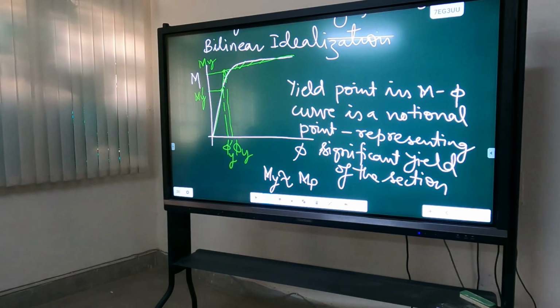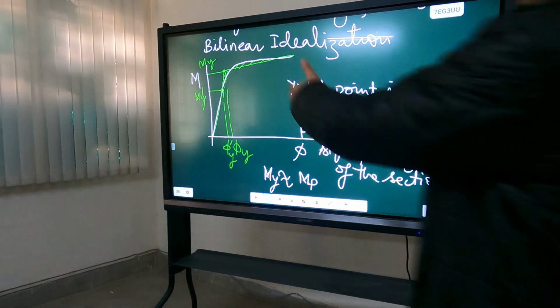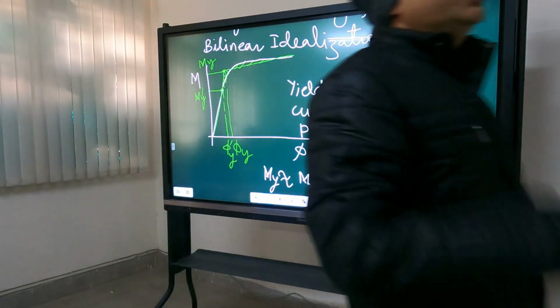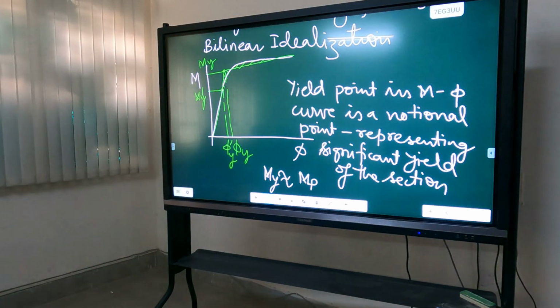In case of steel, because this flat portion is quite large, epsilon u is quite large, so phi u is quite large, and the flat portion is quite long. So the second straight line will be almost horizontal, and in that case M_y will be almost close to M_p.